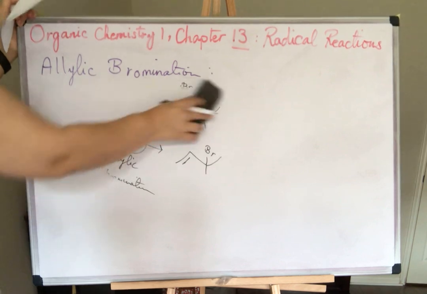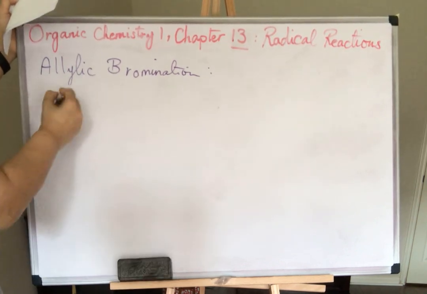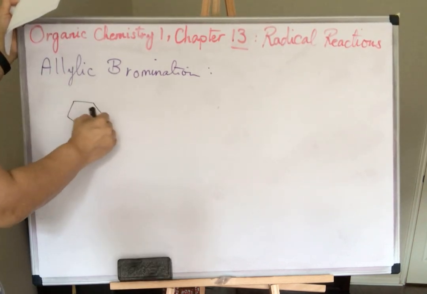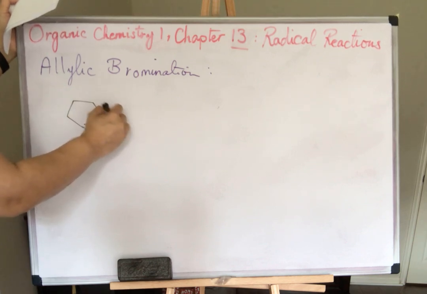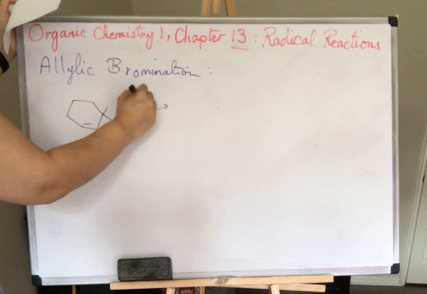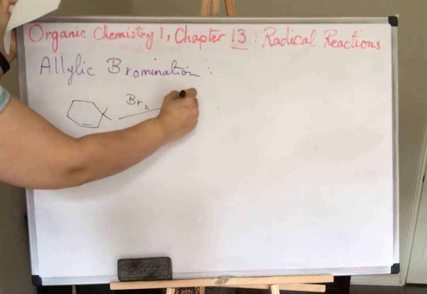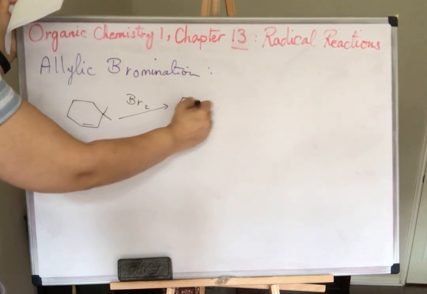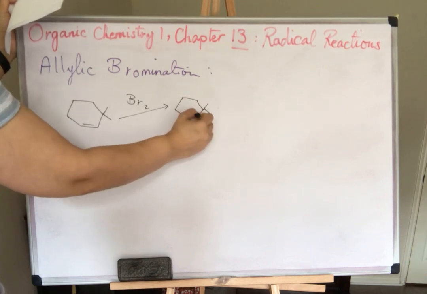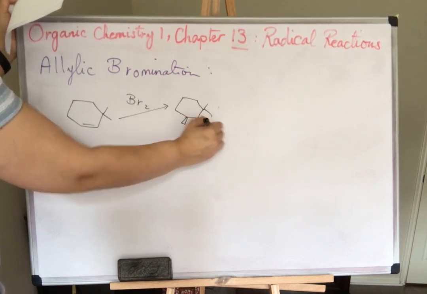And also, if you want to work on another example, this is a good example. Again, with only bromine, you will be adding bromine to your double bond. Just a regular bromination, and you saturate your double bond.